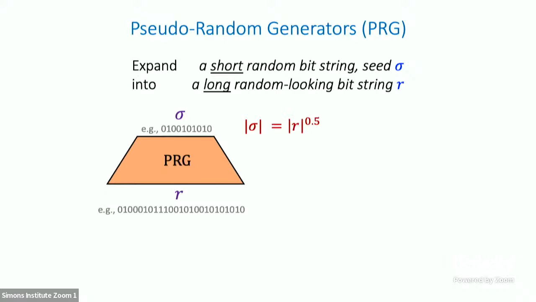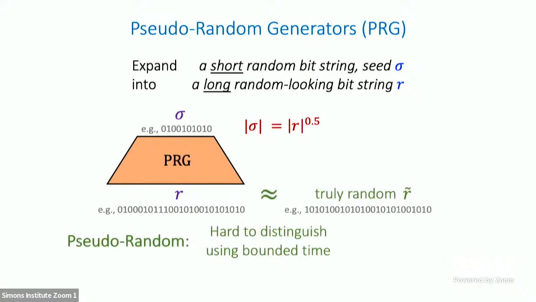For example, the input is the square root of the length of the output. And here, by random looking, what we mean is that the output R, which we know is not truly random and doesn't have enough entropy, is computationally hard to tell apart from a truly random string of the same length, and hence called pseudorandom. So in cryptography, we can build pseudorandom generators from all sorts of hard problems.